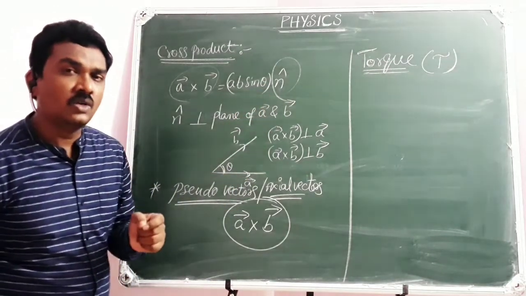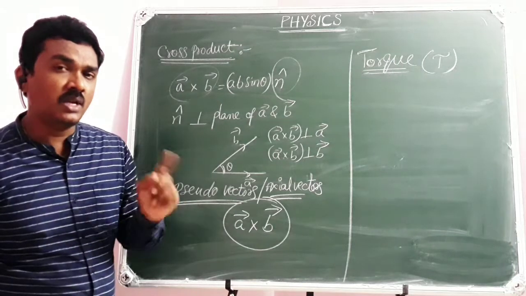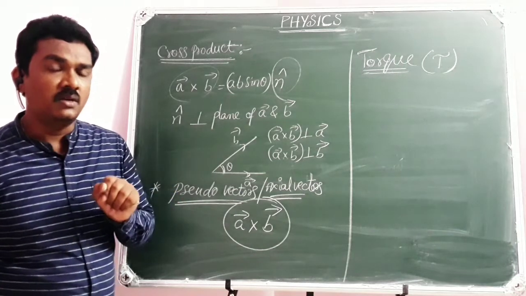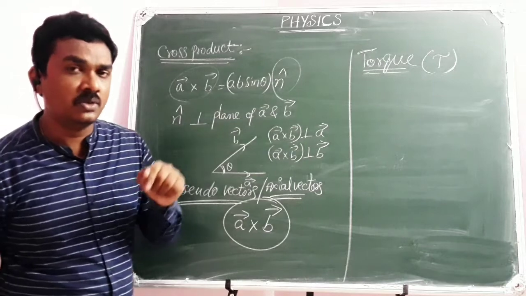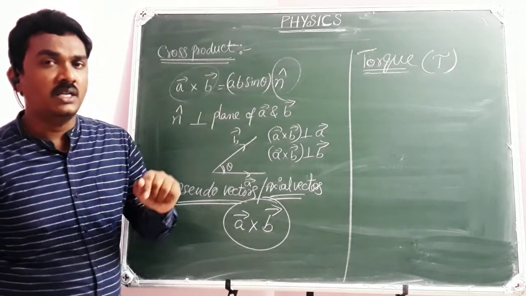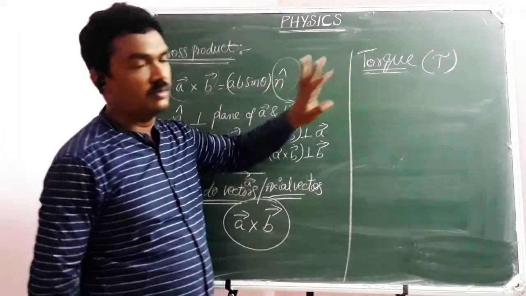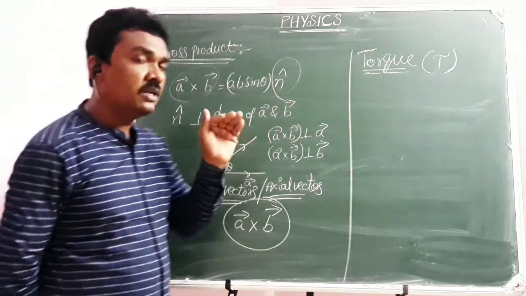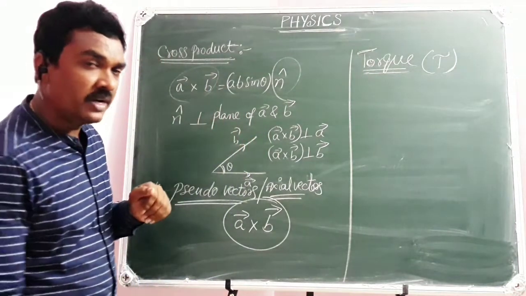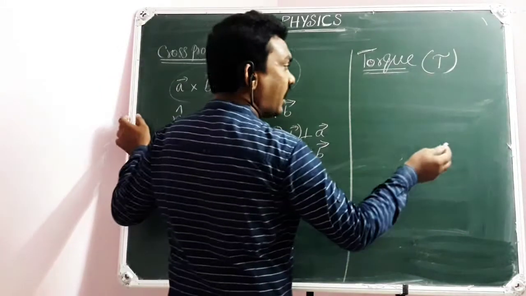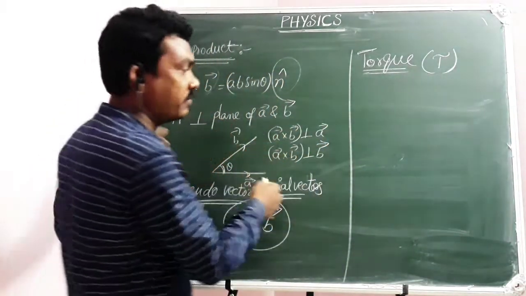When a force acts on a body about a fixed point, there is some rotation produced in the body, and it is caused because of torque. So earlier, while explaining fluid statics, I explained torque in this way.